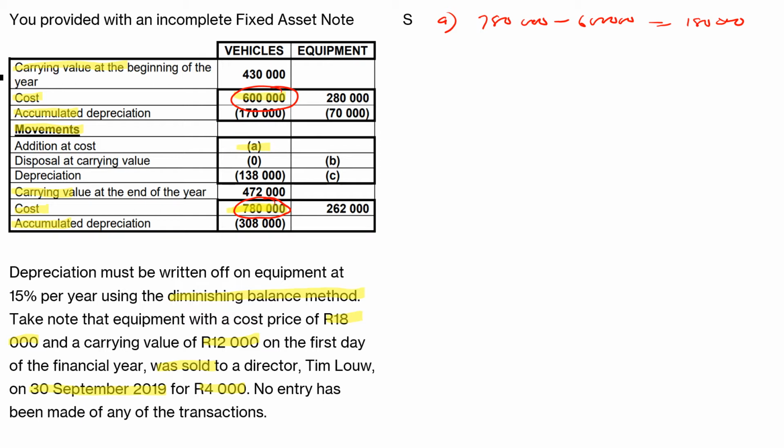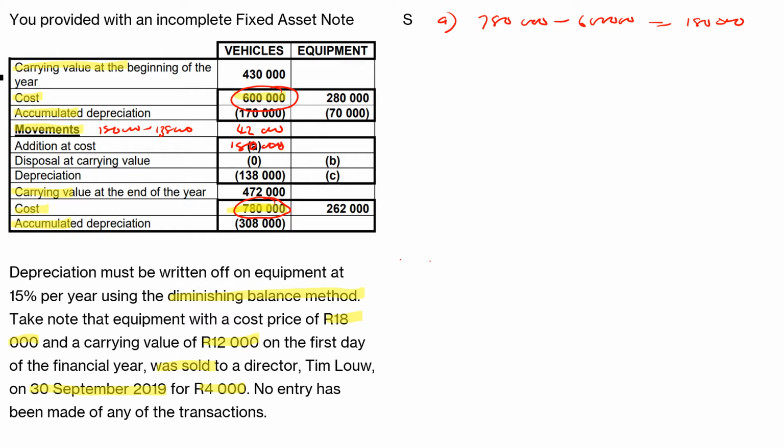So the total movement will be 180 minus 138 thousand, which gives you 42,000 positive, because remember, 180 is this one here.